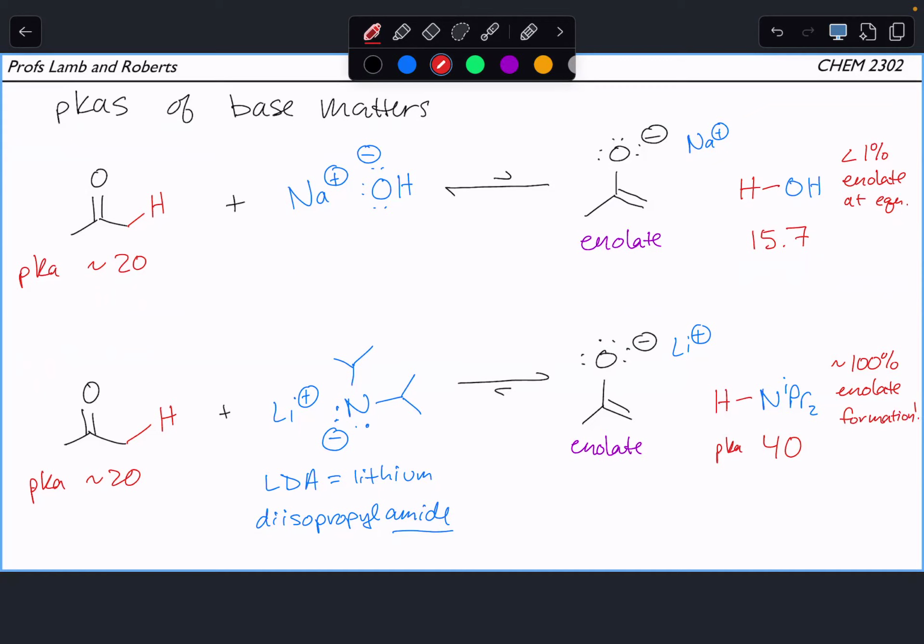So we would consider this an irreversible deprotonation. So that's going to come up later when you need to fully form an enolate before doing the next step.